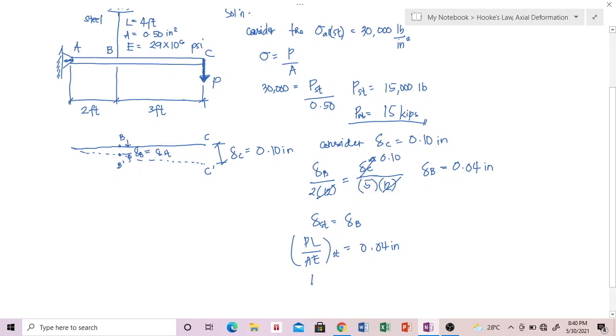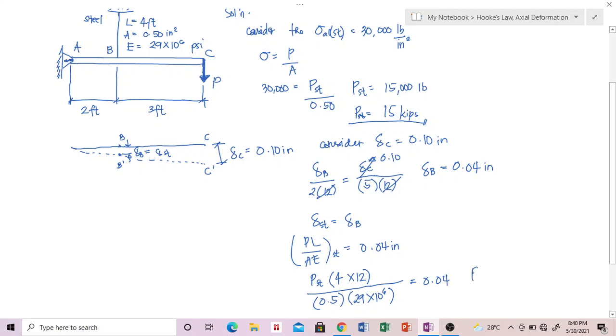Substitute: P steel multiplied by the length of steel, 4 feet by 12 to make it in inches, cross-sectional area equivalent to 0.5, and the modulus of elasticity equal to 29 times 10 raised to 6, equivalent to 0.04.